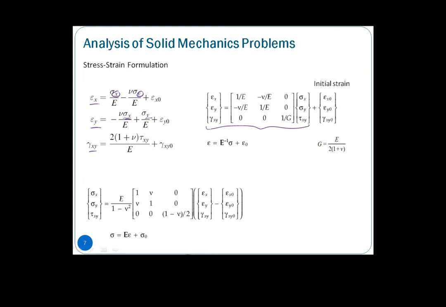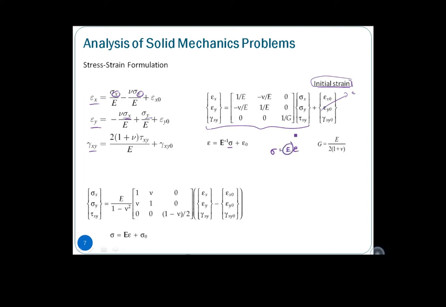Right? Sometimes you have some initial strain, so that is our initial condition. If no, then that term will become 0. So in general, basically our strain itself is E inverse, or we call this inverse, times stress, because usually we say stress equals E times strain.